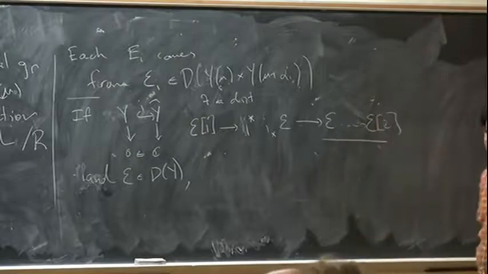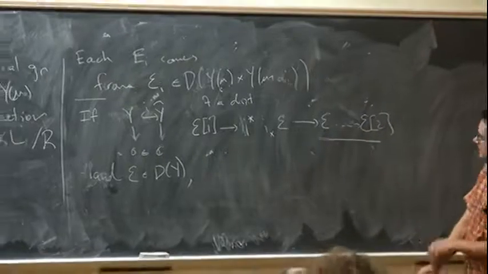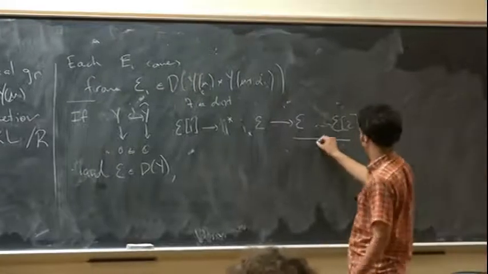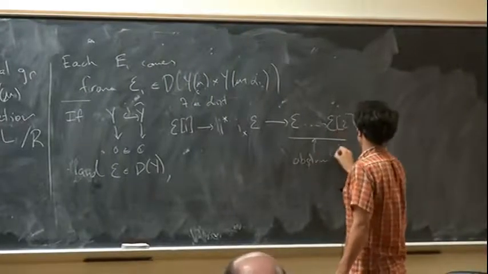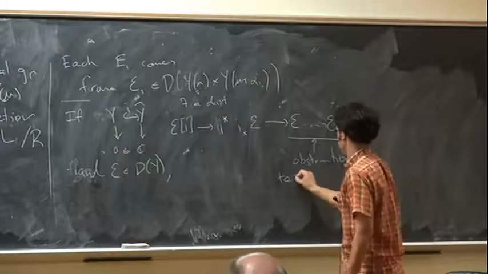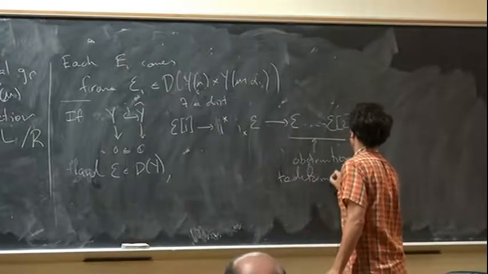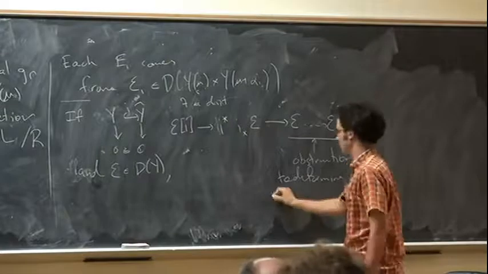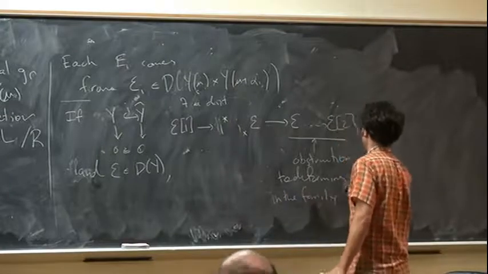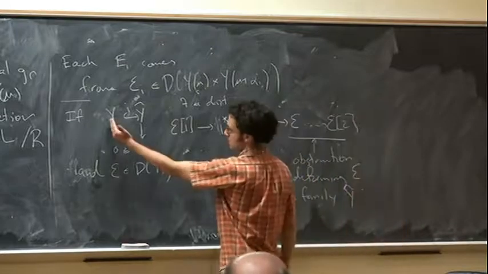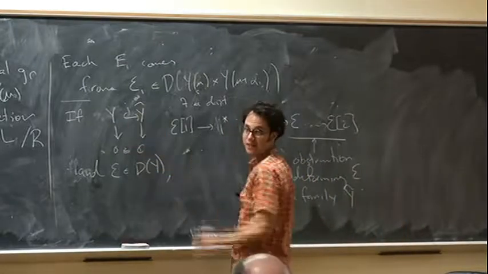And this thing is essentially the obstruction to deforming E in the family. So you have a sheaf on the central fiber, and it's the obstruction to getting it to become a sheaf on the Y tilde.